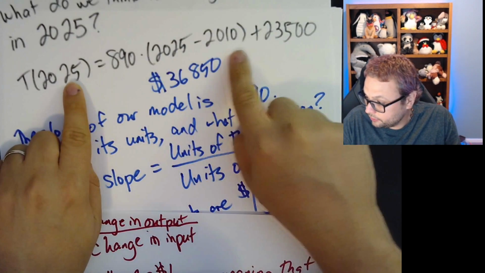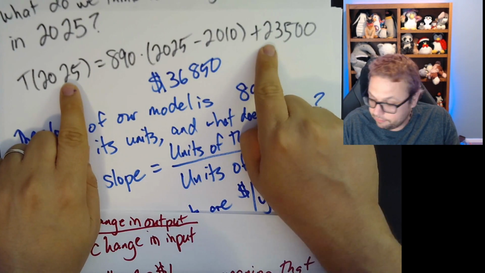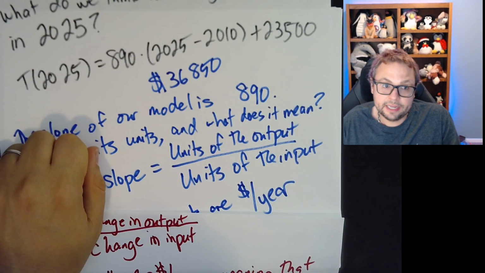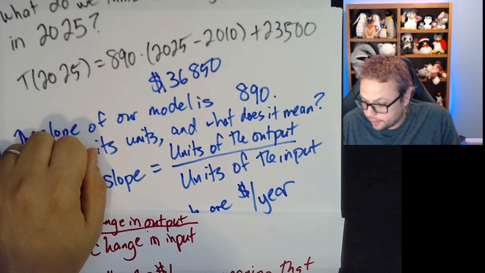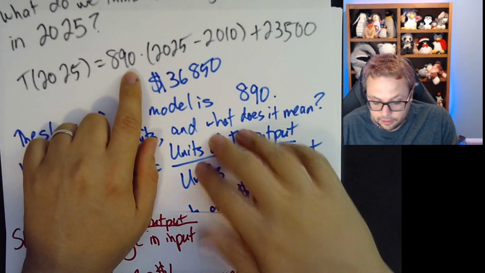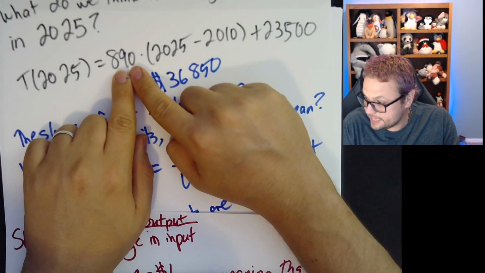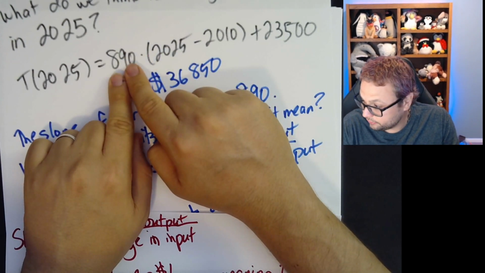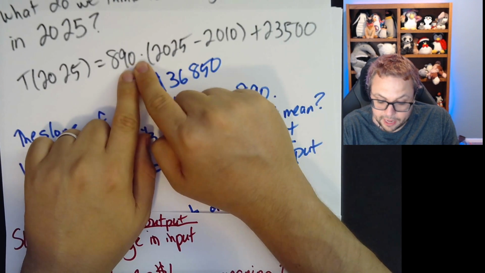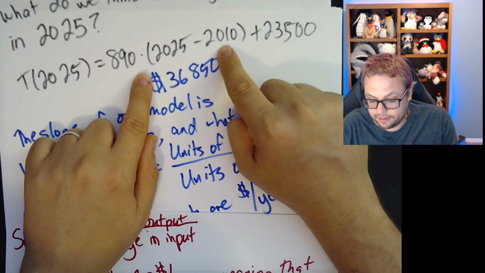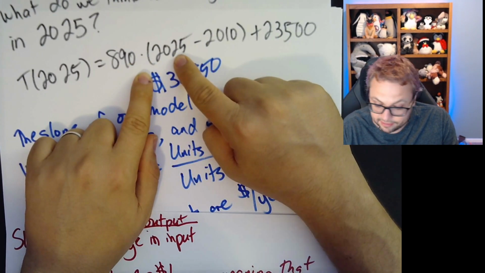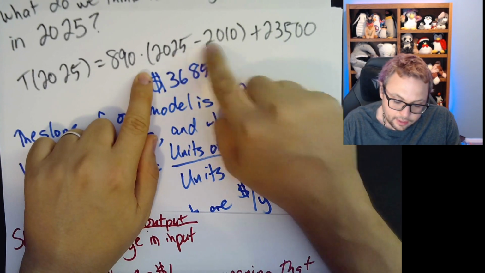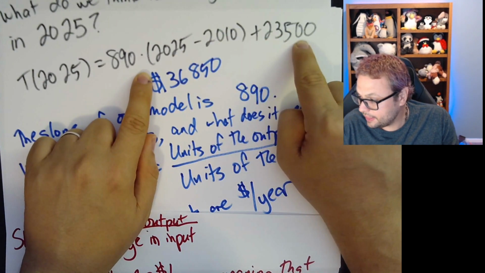If I go back to look at this T of 2025 and look at the math I actually ended up doing over in Desmos, you'll see that what we literally did was to take 890, the number of dollars that it was changing by per year, multiply it by the number of years that 2025 is after 2010, and then add the value that was already there at 2010.